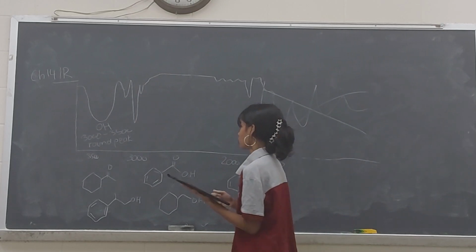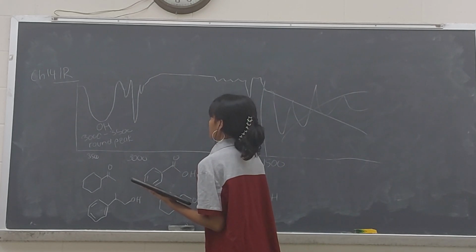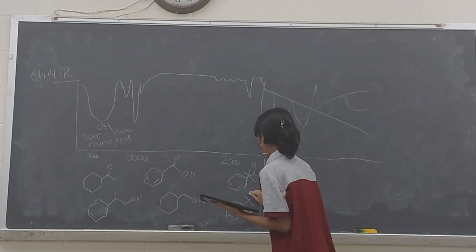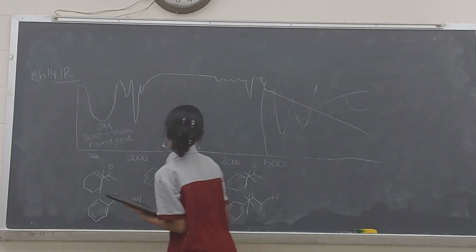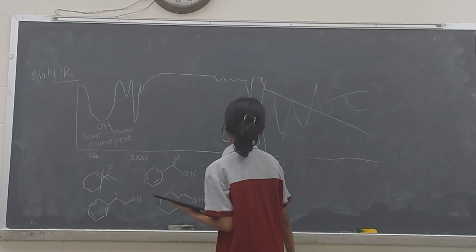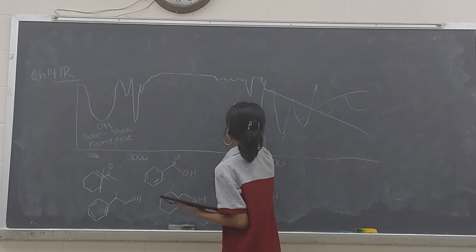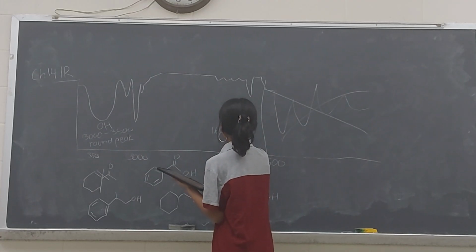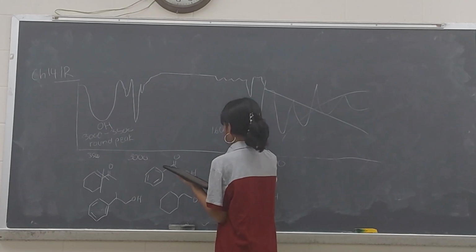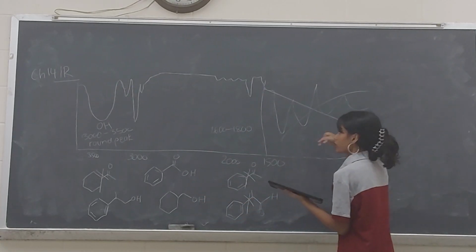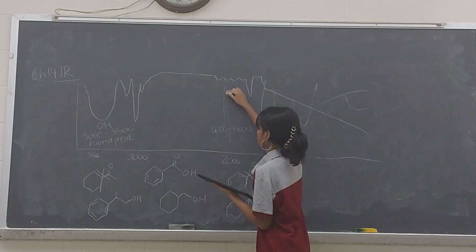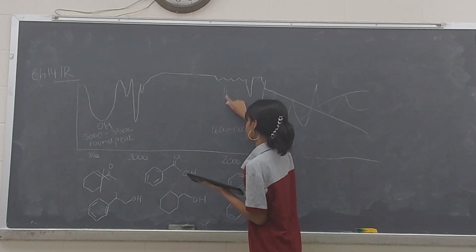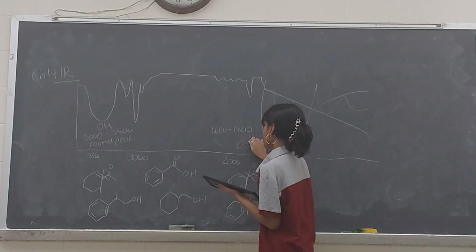So in this case, we can eliminate all the ones that don't have an OH. So that's this one, and this one. So we're left with 3. And then at around 1,700, so like 1,600 to 1,800, if there's a long peak, that would be an indicator of a carbonyl, which is this, right?